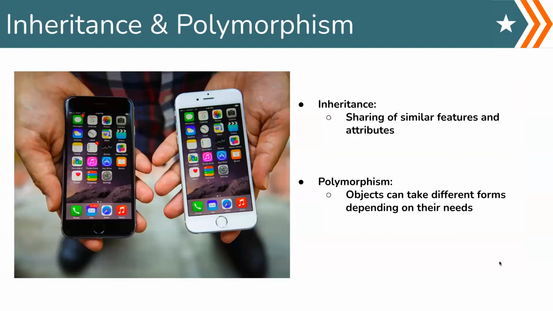All right, so now we have inheritance and polymorphism. So inheritance, and this is specifically why I chose the iPhone, is because the iPhone is essentially the same every year or every time they come out with a new one, but they add maybe just one or two extra features, right? And sometimes they're not even extra features, they're just the same feature, but they work in a different way.